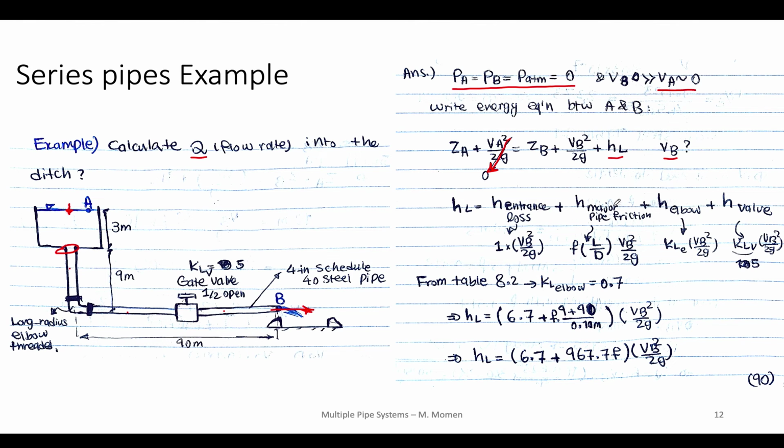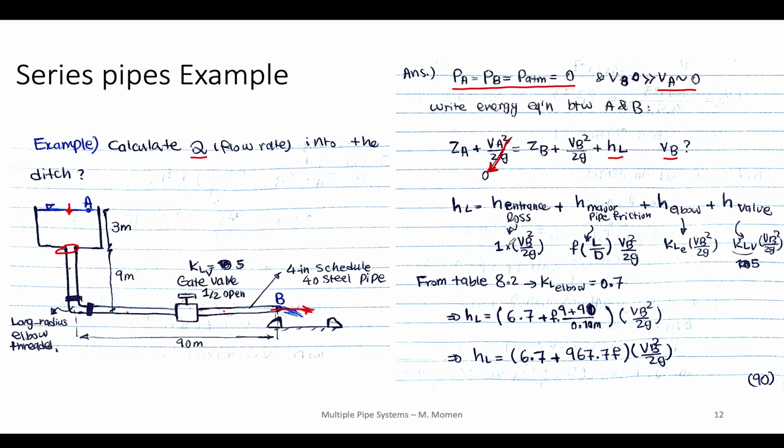The second one is the major head loss in the system, which is due to the pipe friction, and it occurs in all these 3 pipes. The third one is the head loss due to this elbow, which is a minor head loss. And the fourth one is the head loss due to this half open valve here. Okay, so let's see what these are.